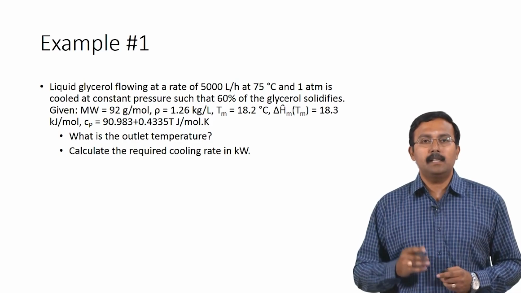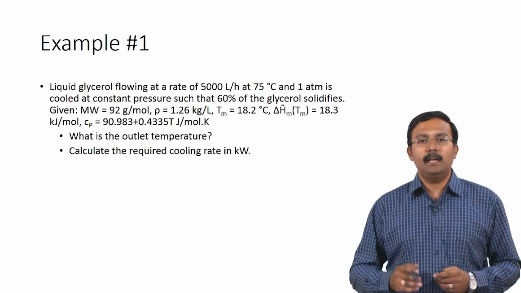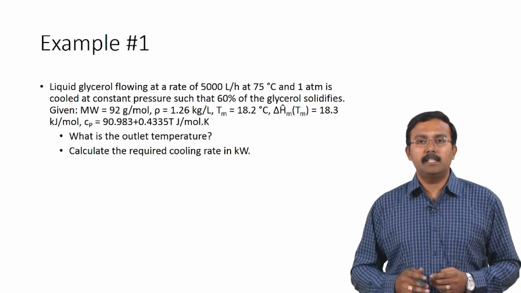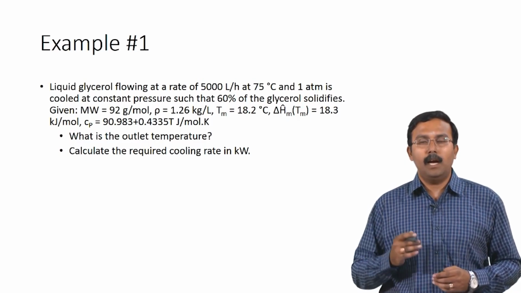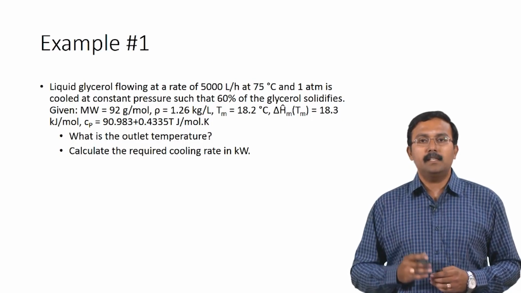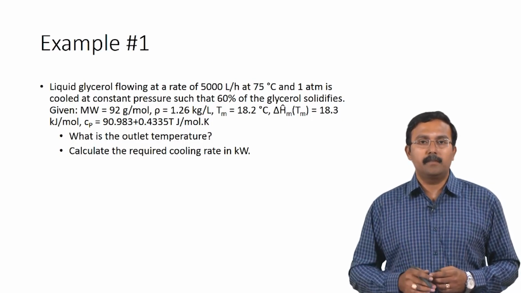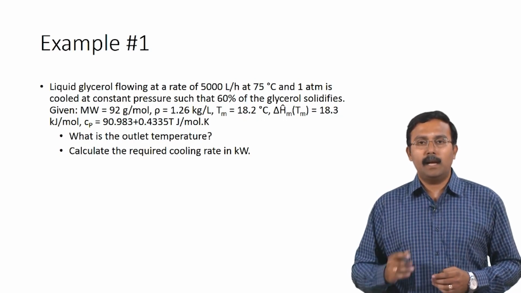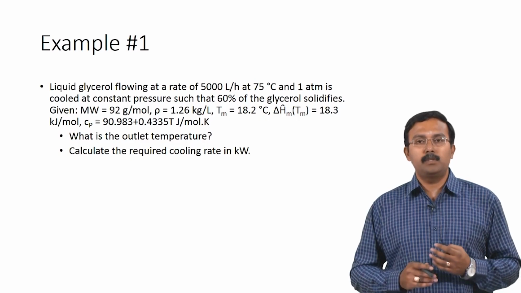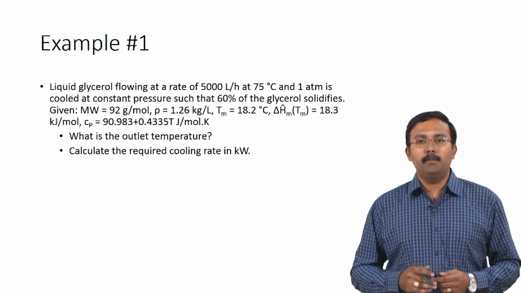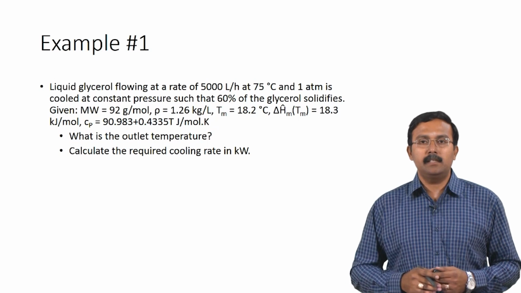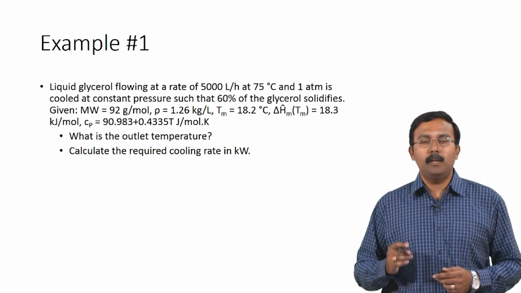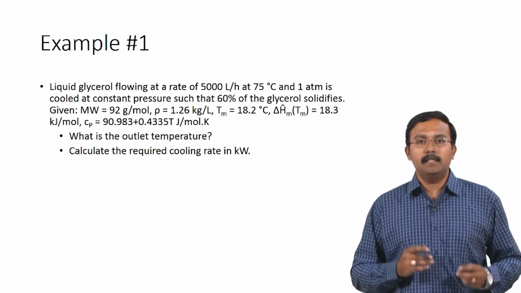The example reads as, liquid glycerol flowing at a rate of 5000 liters per hour at 75 degrees Celsius and 1 atmosphere is cooled at constant pressure such that 60% of the glycerol solidifies.